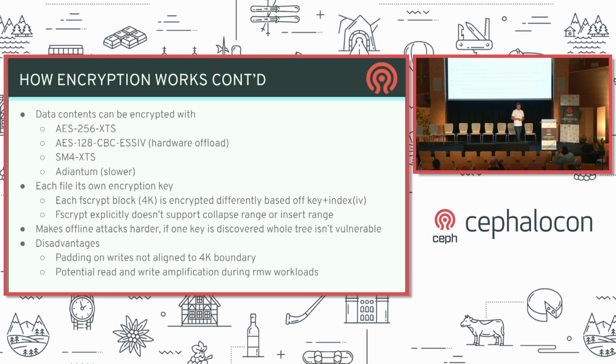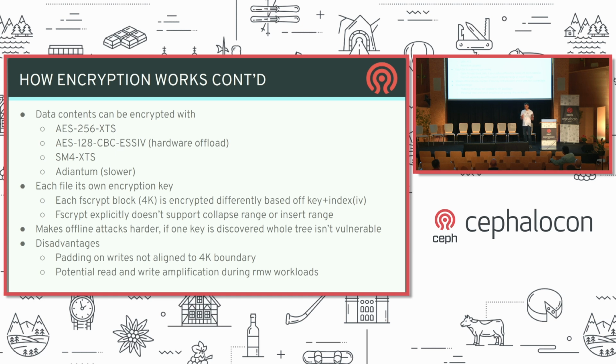And encryption in general makes offline attacks harder. If one key is discovered, you don't have the keys to the kingdom. With encryption in general, though, there's going to be some sort of padding that goes on, and read and write penalties. So any write that's not on a 4K block boundary will have some sort of padding.